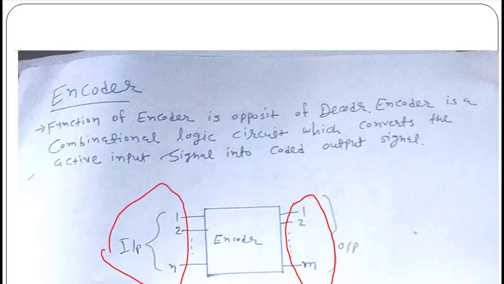In encoders, our inputs will be 2 raised to n and our outputs will be n. So the maximum number of outputs will be n, and the inputs can be up to 2^n. This kind of combinational logic circuit is known as an encoder.